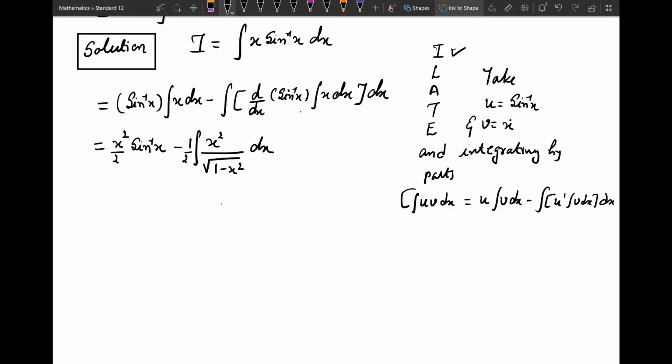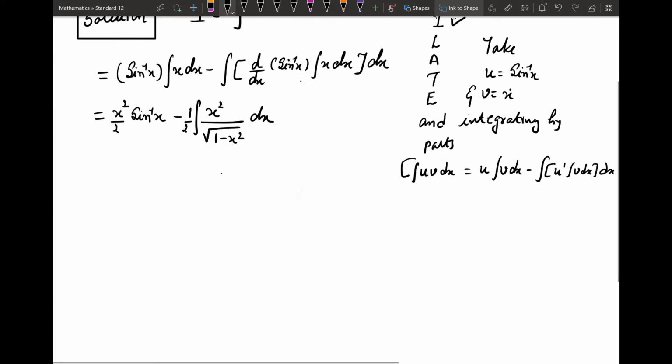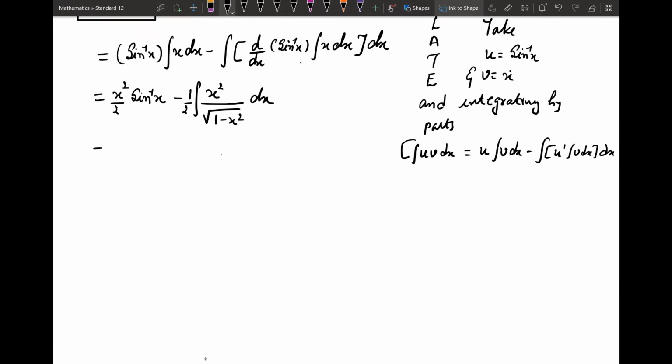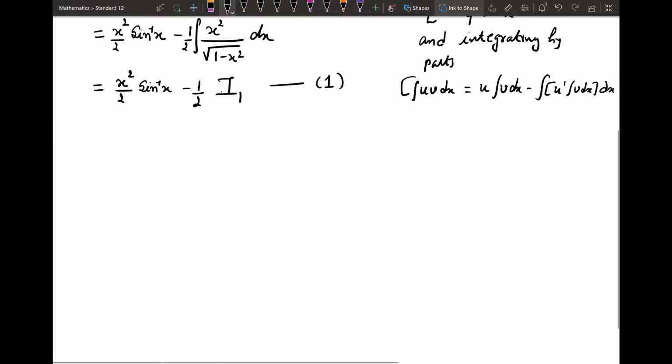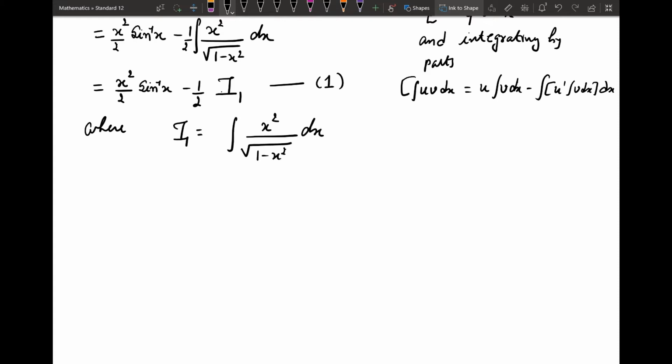So this we will write x square by 2 sine inverse x minus 1/2, and this integral we denote by say I1, result 1, where I1 equal to integration x square upon under root 1 minus x square dx.